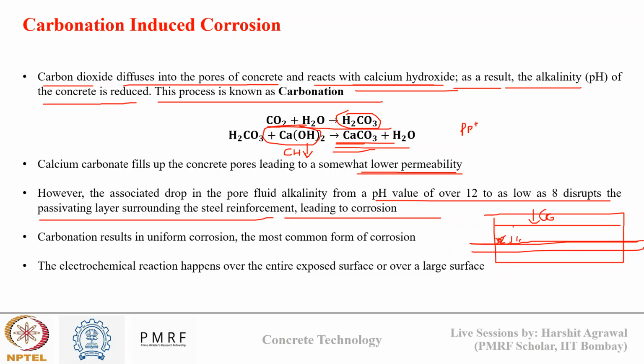So corrosion will happen throughout the steel surface, and that's why I say that carbonation results in uniform corrosion. Uniformly across the steel surface, the electrochemical reaction of corrosion is happening over the entire exposed surface.